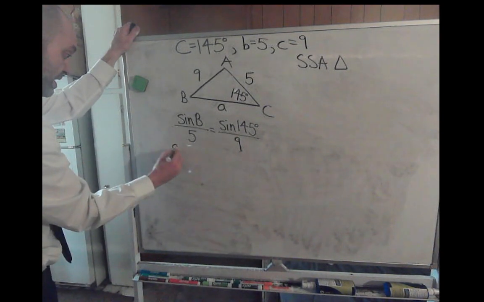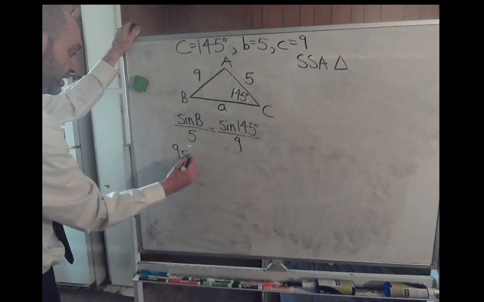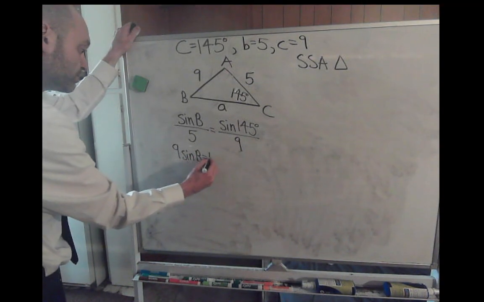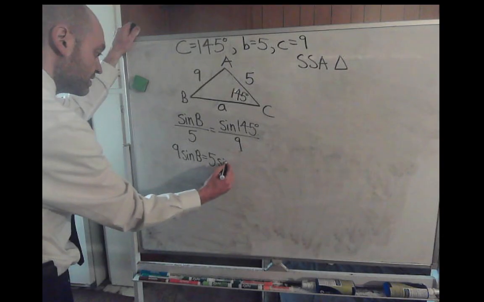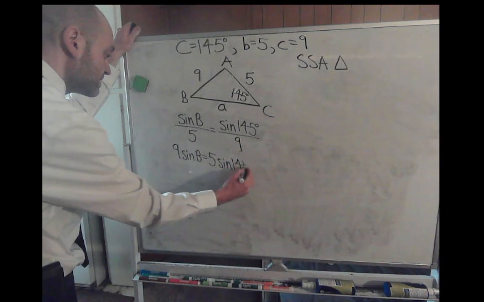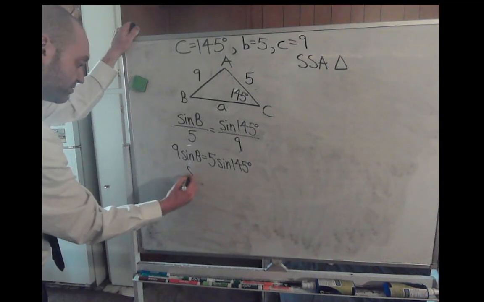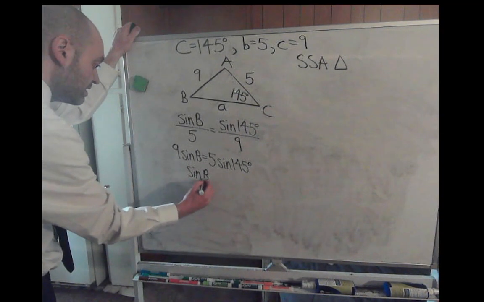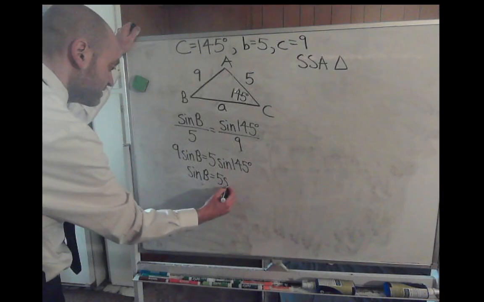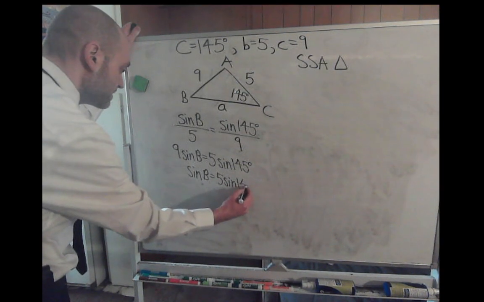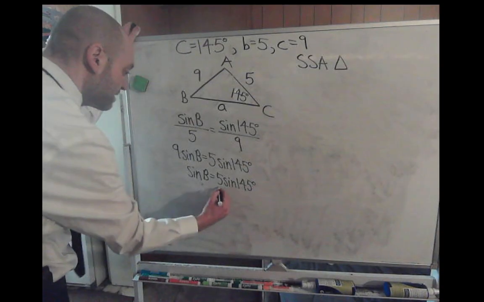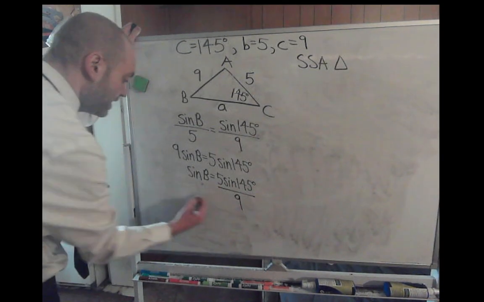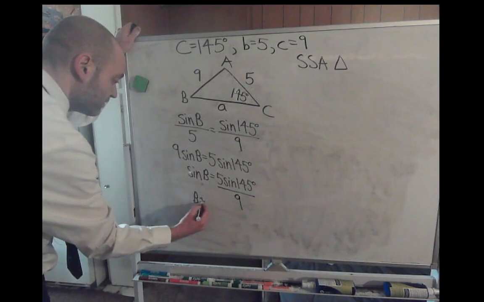So that means 9 times the sine of B equals 5 times the sine of 145 degrees. So sine of B equals 5 times the sine of 145 degrees divided by 9. So angle B is the sine inverse of all that.